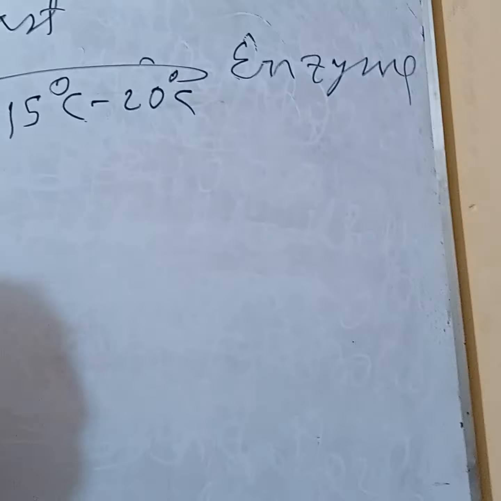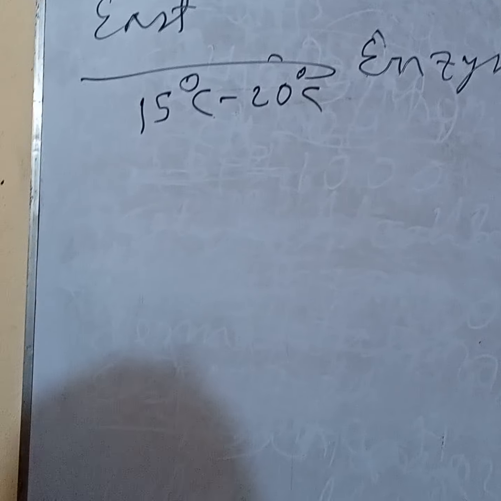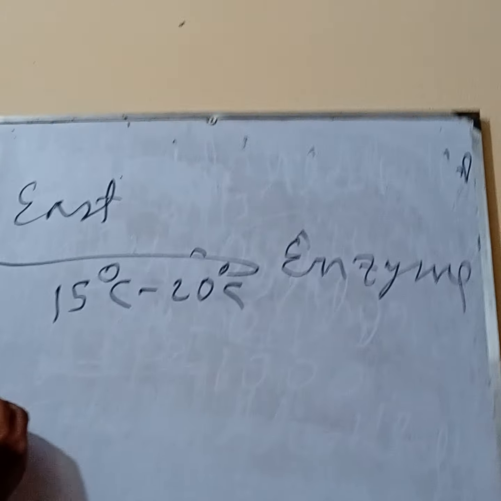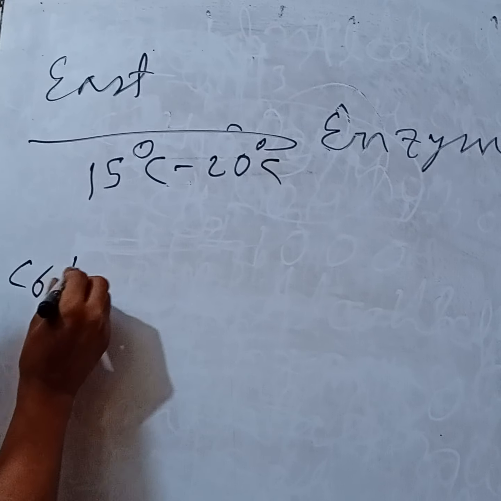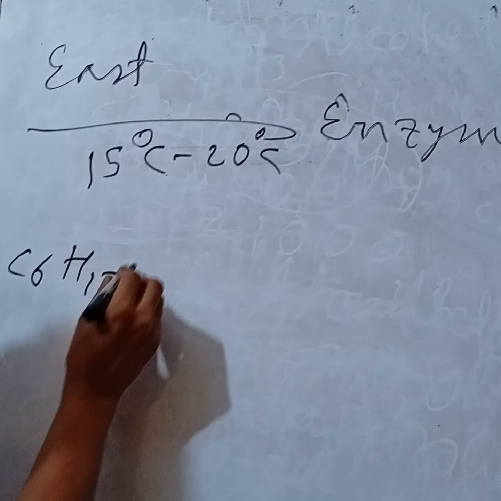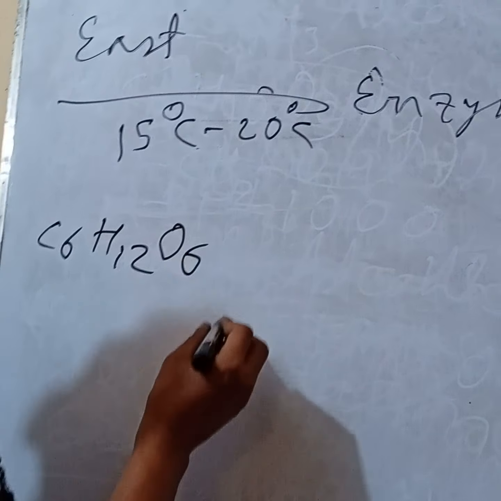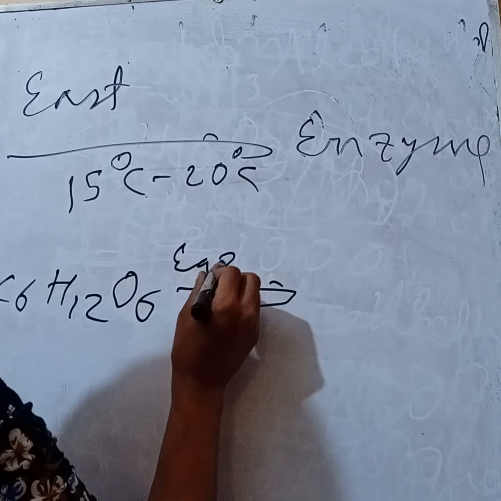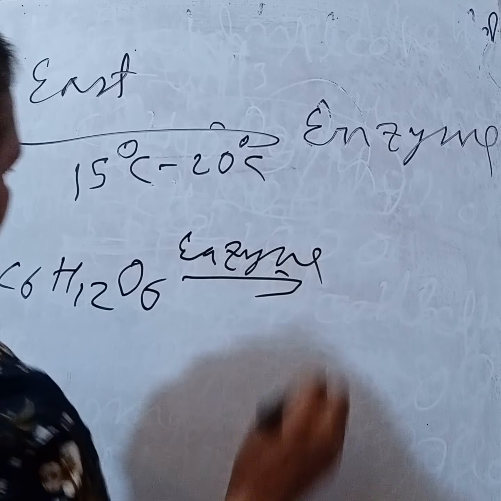And then what? Dimers, maltase, and so on. And then C6 H12 O6 with the enzyme. What happened?